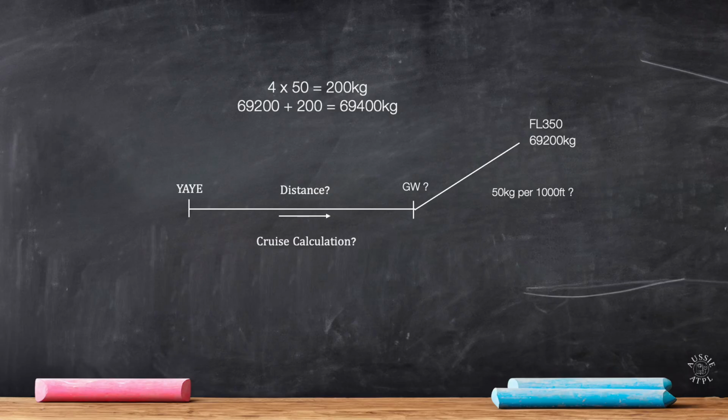Then find out how much fuel we need to burn to get down to this gross weight. So to do that, we're going to do a cruise calculation from overhead Ayers Rock until we reach the gross weight of 69,400 kilos.